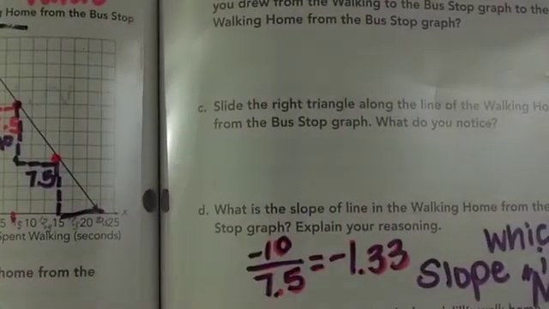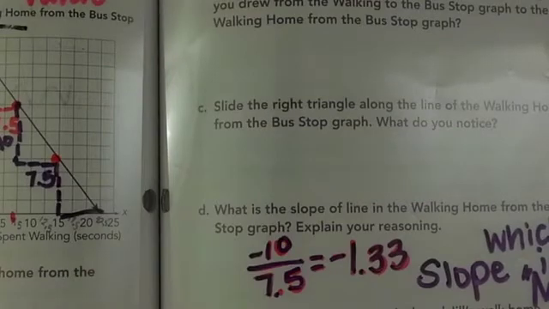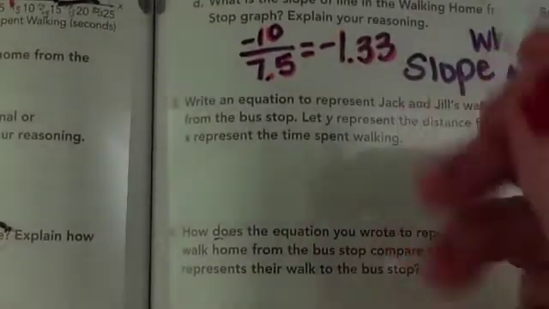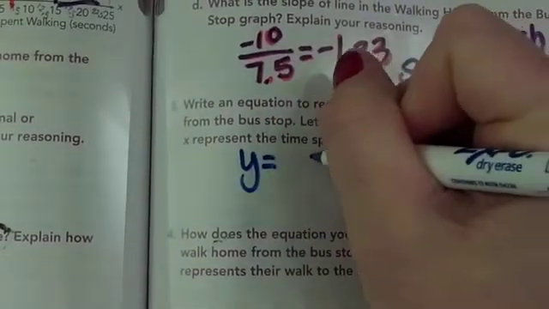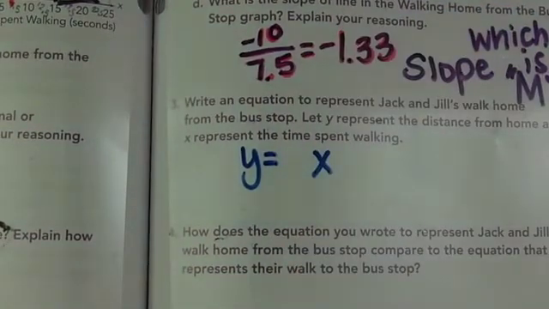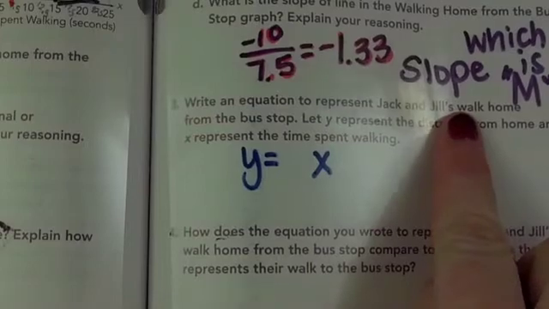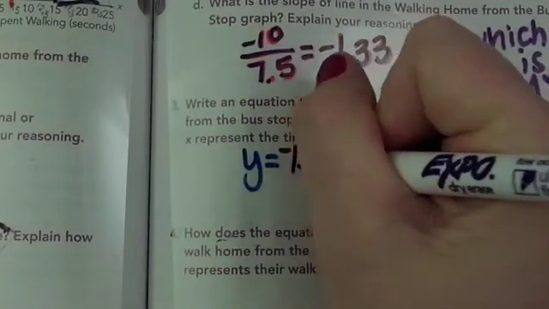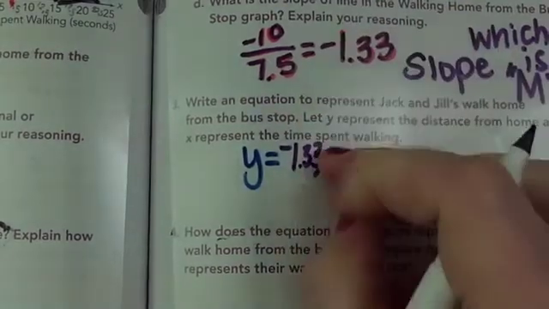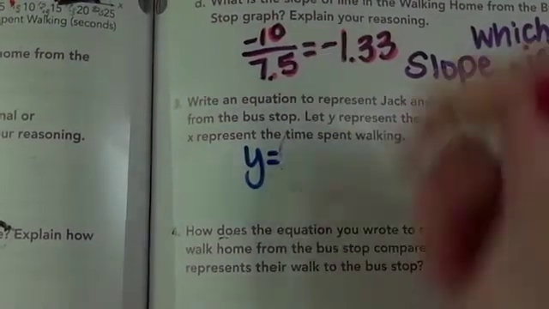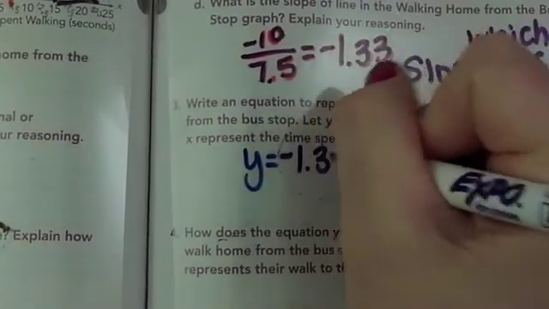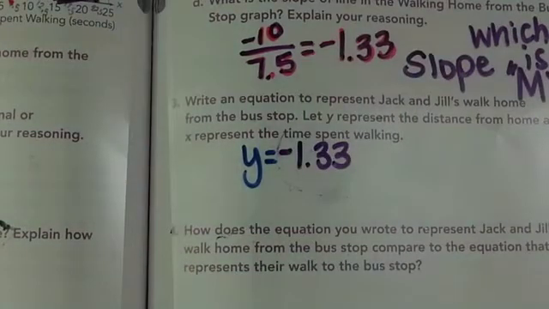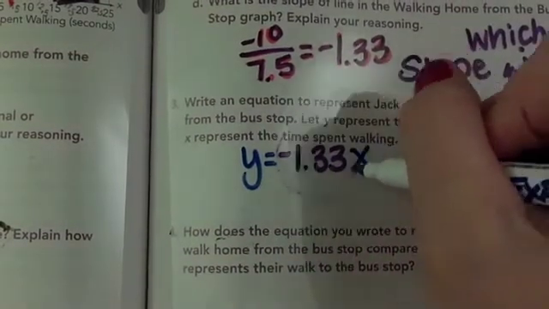So let's go ahead and write our equation in our book, just so that you have it if that happens to be where you're looking at. So you're going to do y equals, and I'm going to put an x over here. I'm going to use purple since I wrote my slope in purple, so I'm going to put negative 1.33. I did not leave myself enough room. Let me try that again. Negative 1.33x.